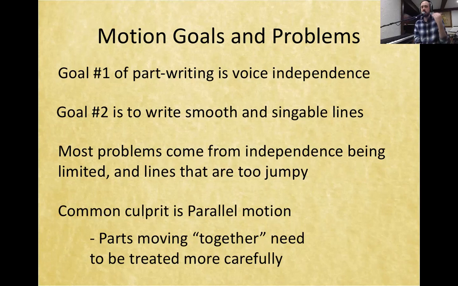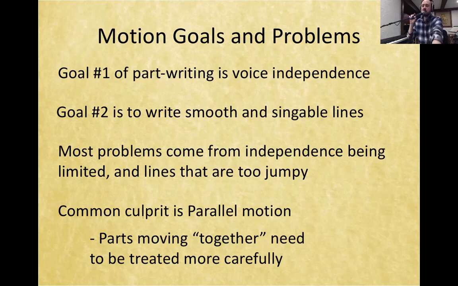So when we look at all of this stuff, keep your focus on how this problem or this error is contributing to the independence of a line being limited or a musical line that is not super smooth and singable. Those are the actual issues.